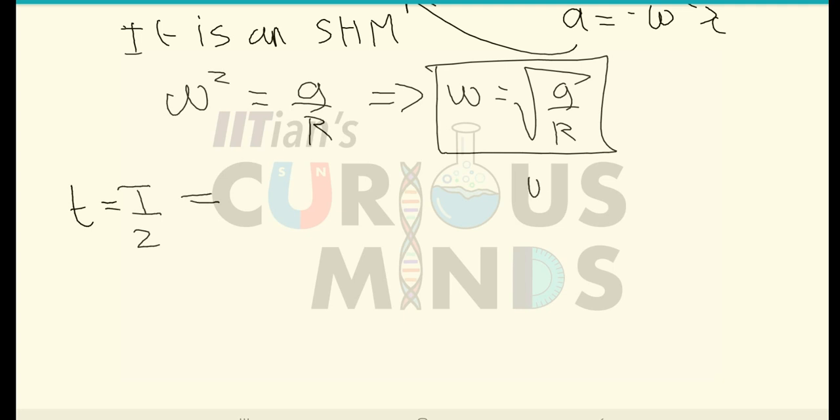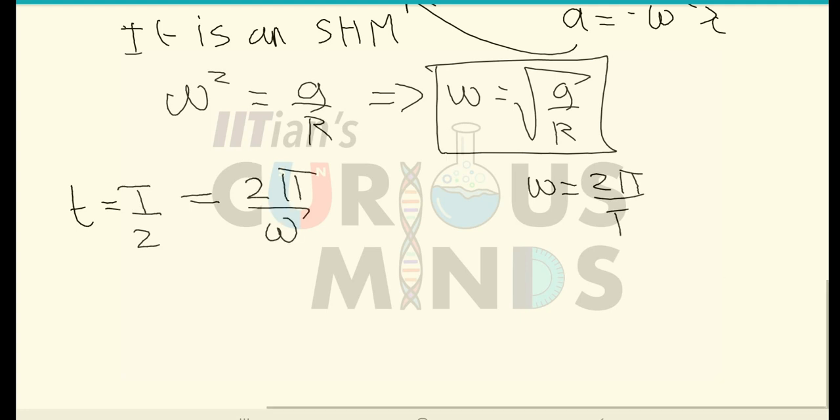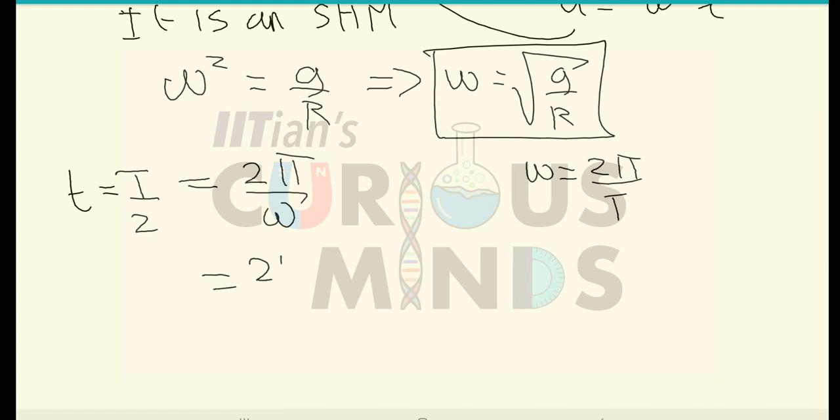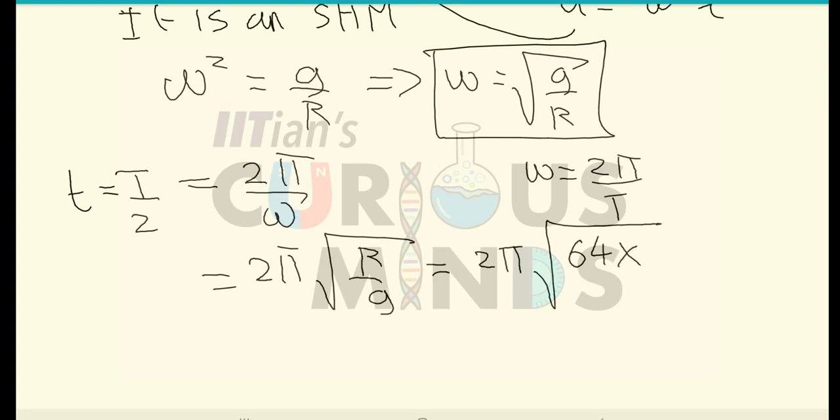Now omega is equal to 2 pi by t, so t will be equal to 2 pi by omega. So it can be written as 2 pi into root of 1 by omega, and 1 by omega over here will be equal to r divided by g. If I substitute these values, it will be equal to 2 pi root of, the radius of the earth is 6400 kilometer, which is equal to 64 into 10 to 5 meters.